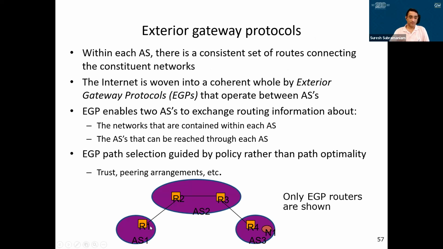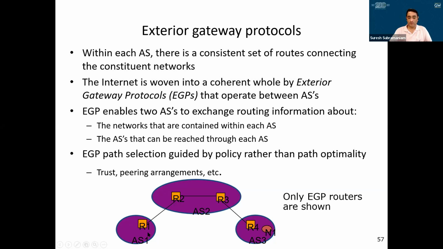Now, exterior gateway protocols. So this is the routing protocol between autonomous systems. Remember I said shortest path routing is the smallest delay and the minimum cost, etc. All of those things can be done only within an autonomous system. But when you're going through multiple autonomous systems, you have no control over what kind of routing another autonomous system is going to use in its own network.